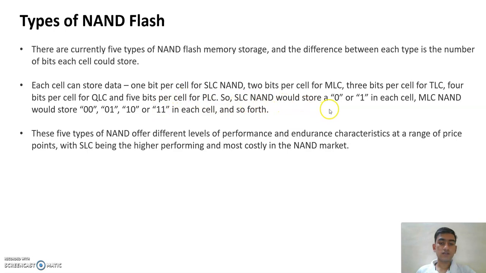So SLC NAND would store zero or one in each cell, MLC NAND stores 00, 01, 10 or 11 in each cell, and so forth. These 5 types of NAND offer different levels of performance and endurance characteristics at a range of price points, with SLC being the highest performance and most costly in the NAND market.